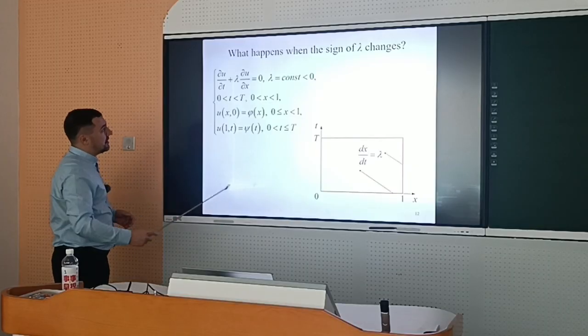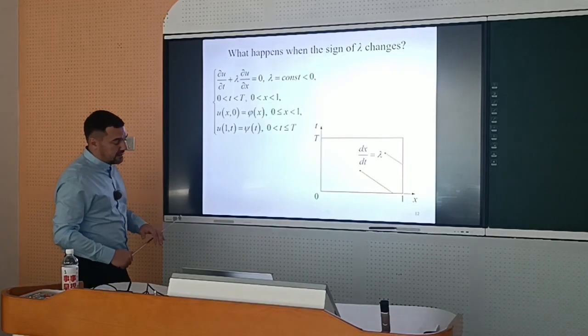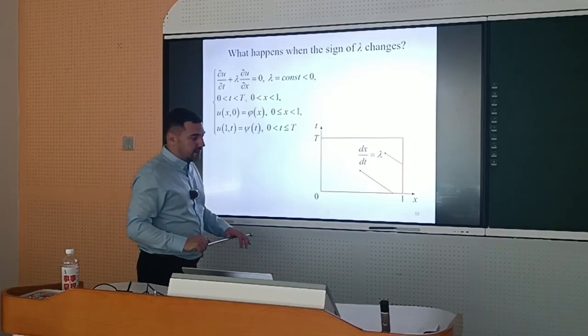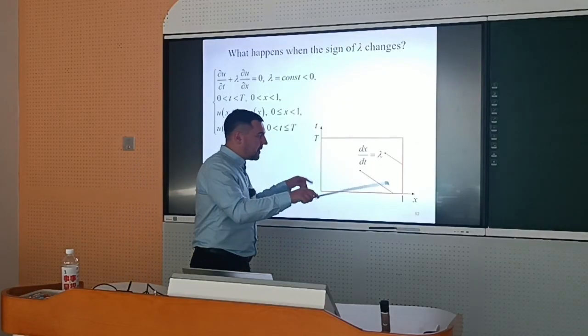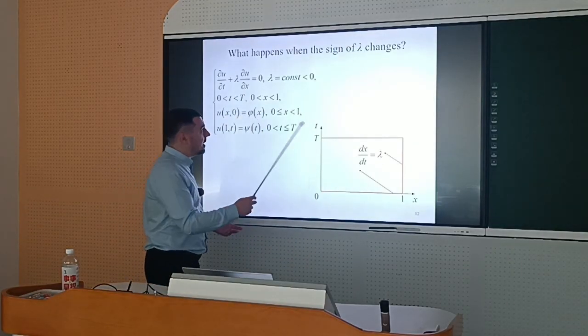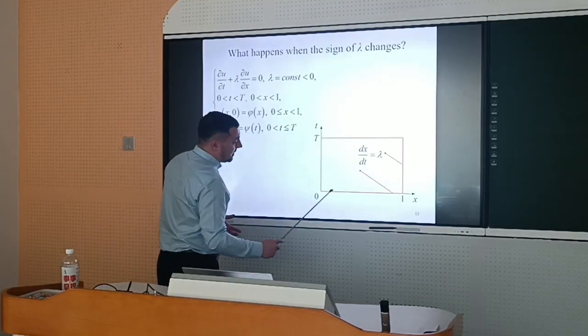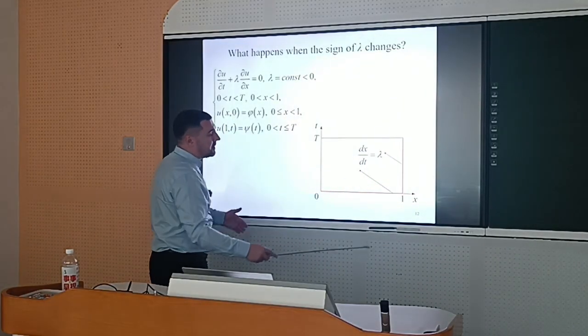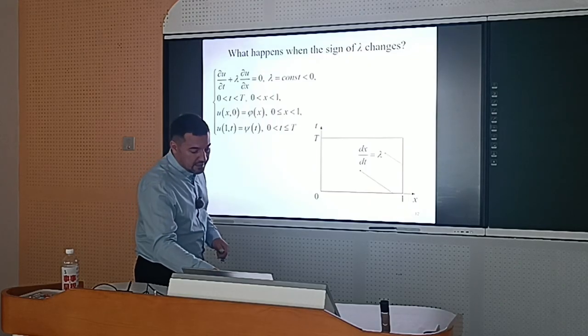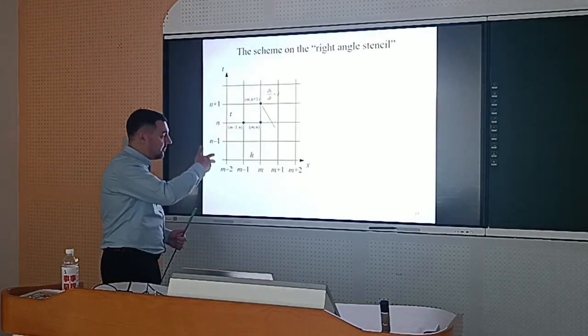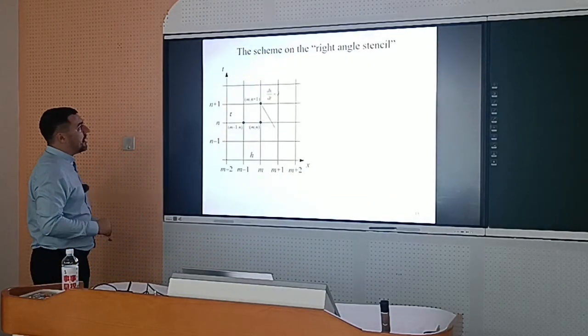For example, in the picture when we discussed the necessary number of boundary conditions, I told you that if lambda is less than 0, then you need the initial condition and a boundary condition on the other boundary. What does it mean for our numerical scheme?